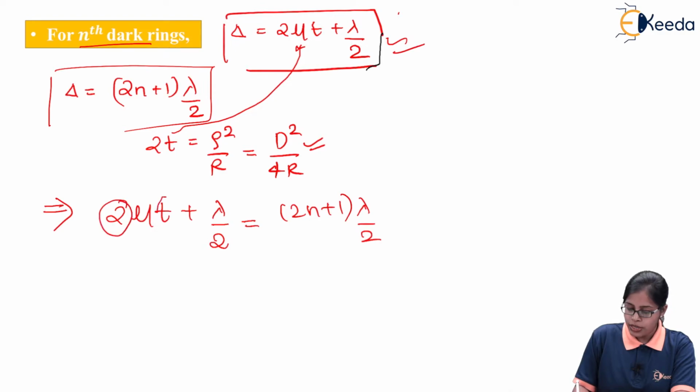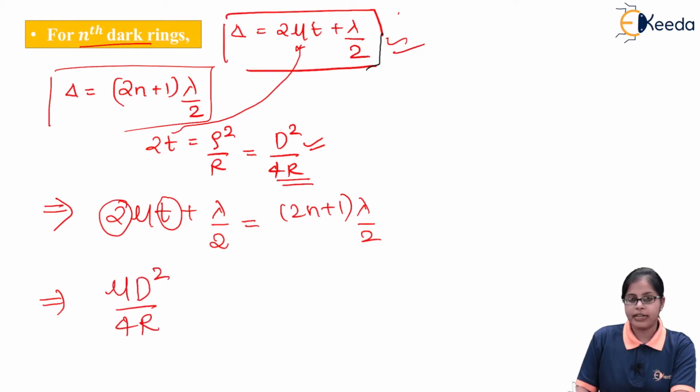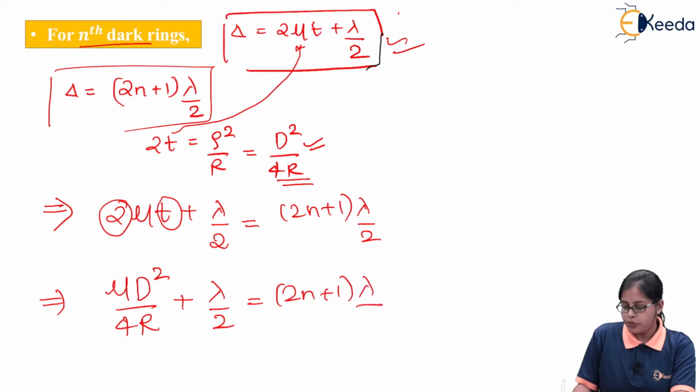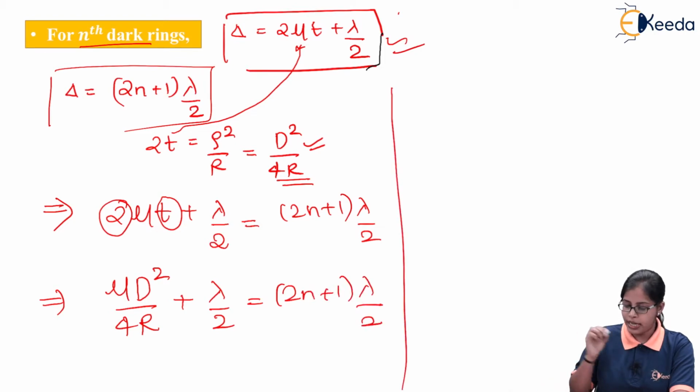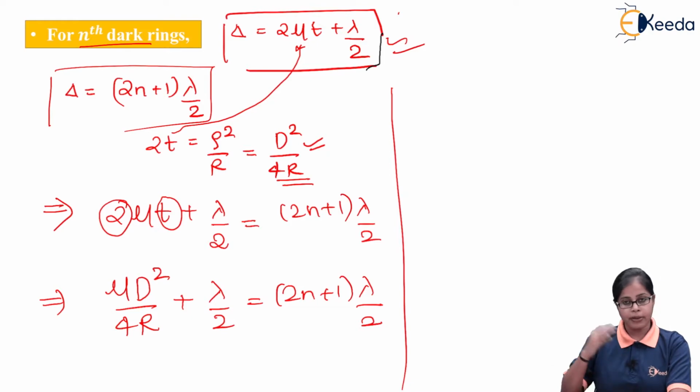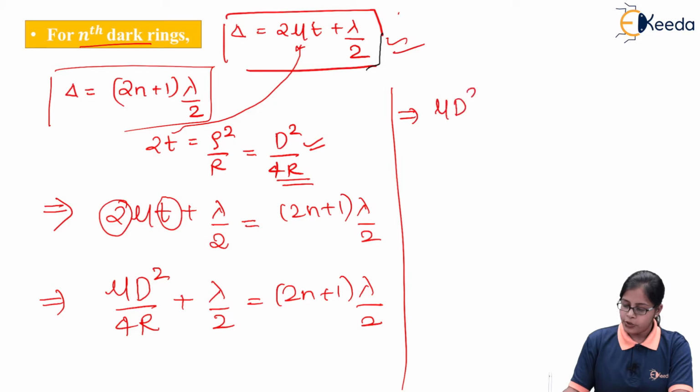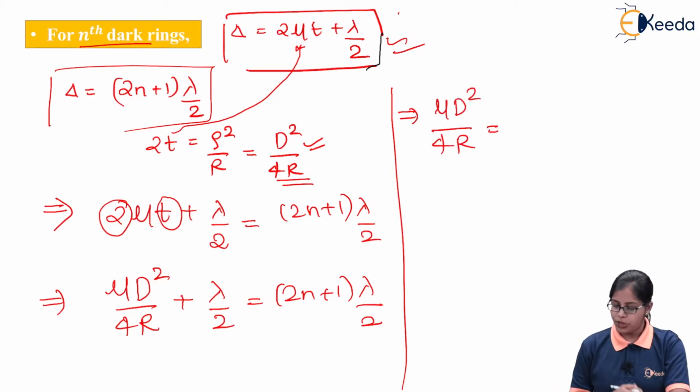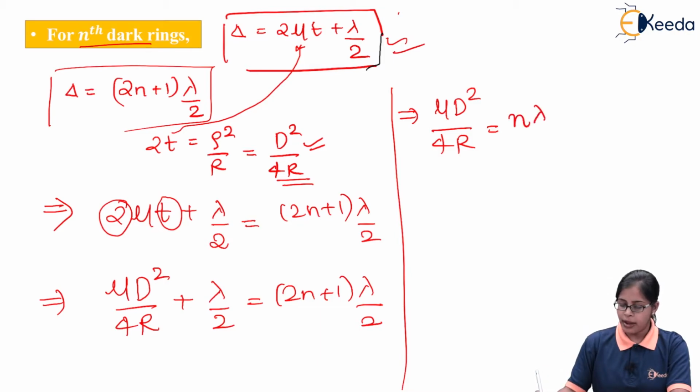As we can see that 2t has this value, I can put that value directly over here and we can get mu d square by 4r. Instead of 2t, we are writing d square by 4r, plus lambda by 2 is equal to (2n plus 1) lambda by 2. Now, if we do the calculation, with lambda by 2 taken on that side, we are going to get mu d square by 4r, and on the RHS, we are going to get only the term n lambda.